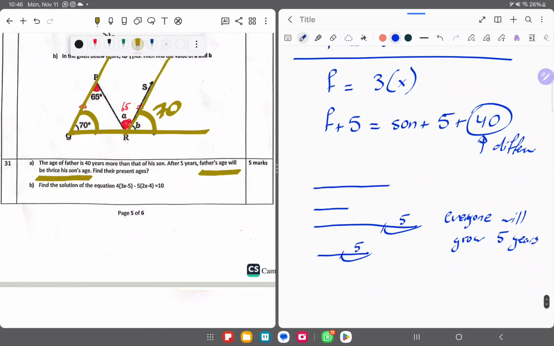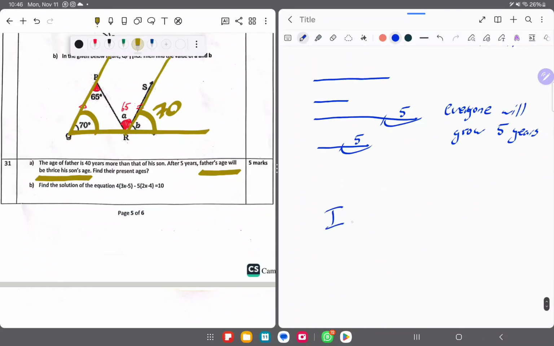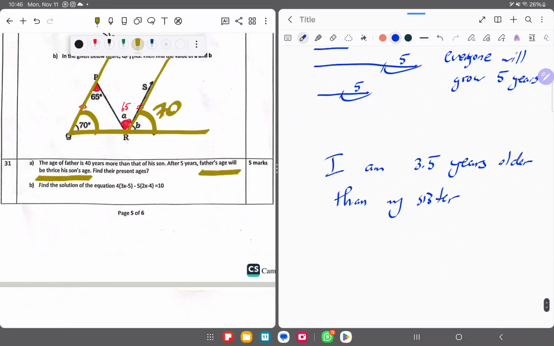My sister and I, I am 3.5 years older than my sister. So if I am 23.5, she is 20 years old.